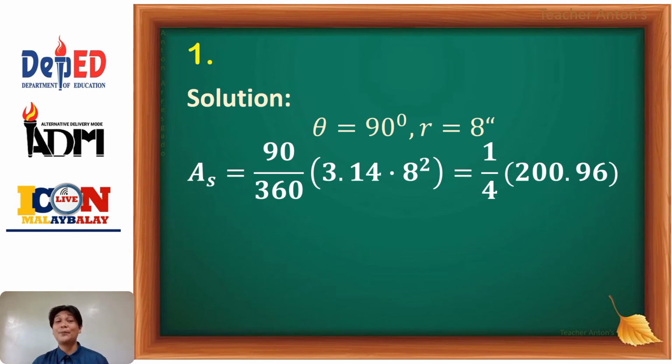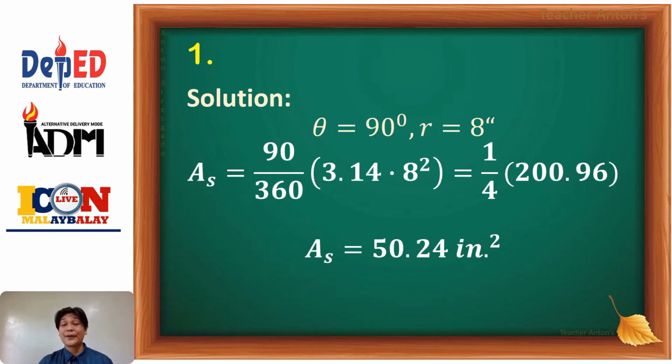The answer is 200.96. Now 200.96 divided by 4, the area of a sector is equal to 50.24 square inches, or inches squared, or square inch. Okay, so this is our answer for number 1.